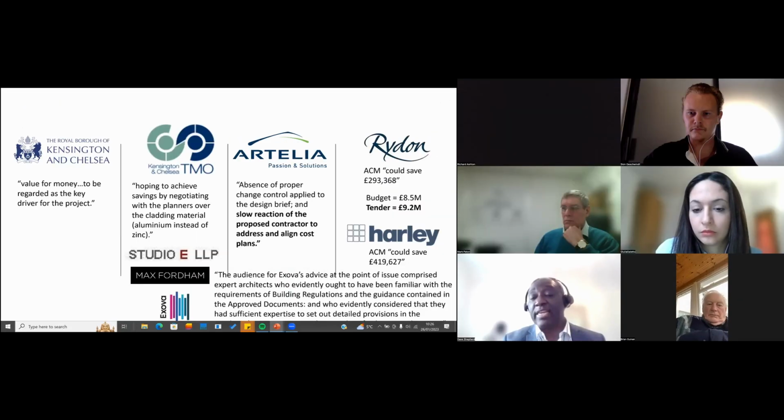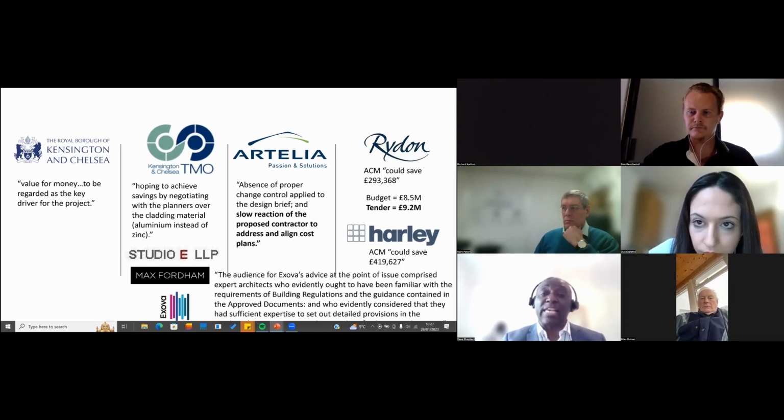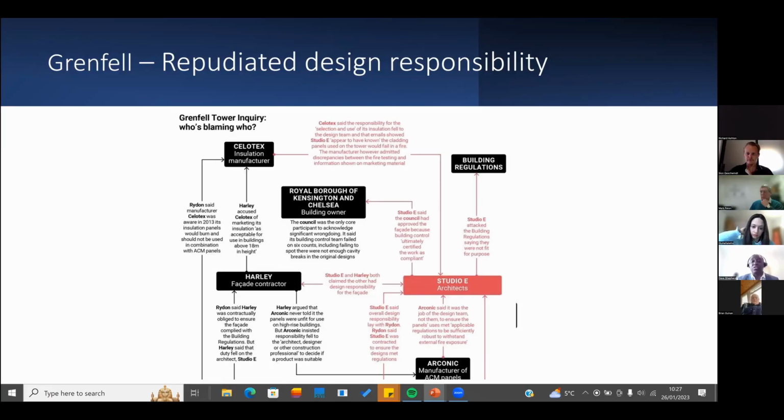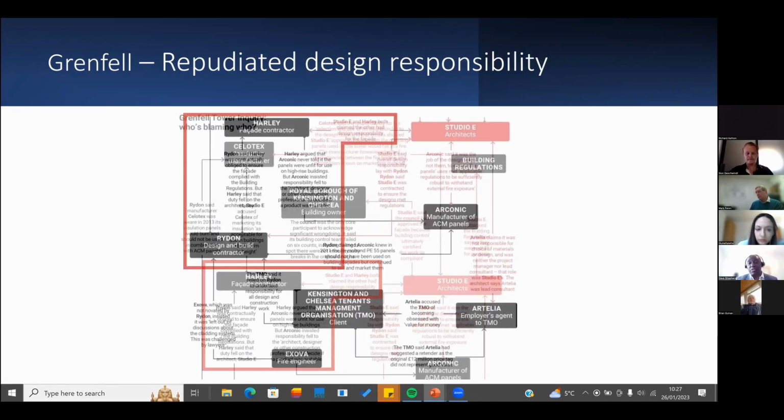And Exova said, well, at the time of the employer's requirements, they had expert architects, so pushed it back to Studio E essentially. And so that's why it's so important to have an accountable person, because there's this constant repudiation of design responsibility that we see in this web of blame that ensued during the Grenfell inquiry.